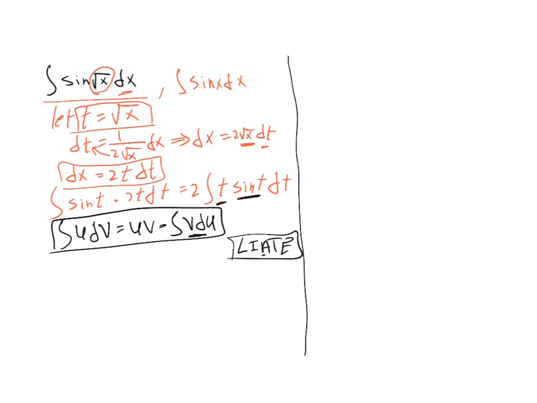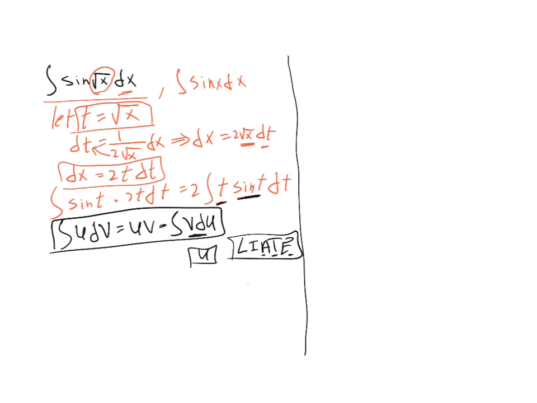A is the algebraic functions, like x squared, x cubed. T is the trigonometric functions, sine theta, cosine theta, and so on. E is the exponential functions, e power x, 2 power x, and so on. So we can choose our variable u in this order: start with logarithms, then I, then A, then T, then E.